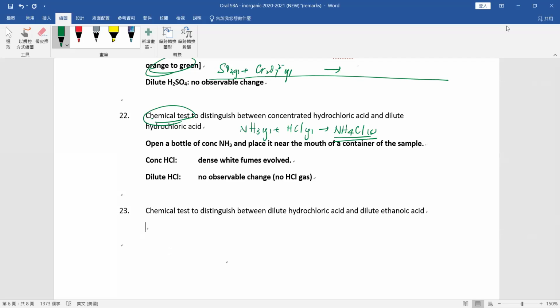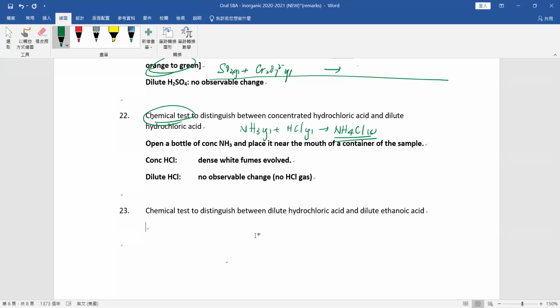Take a look. Add NaOH. So what will be the difference between them? Add HNO3 and silver nitrate, is it okay? Silver nitrate test. Please check whether we have got a compound we call silver ethanoate.